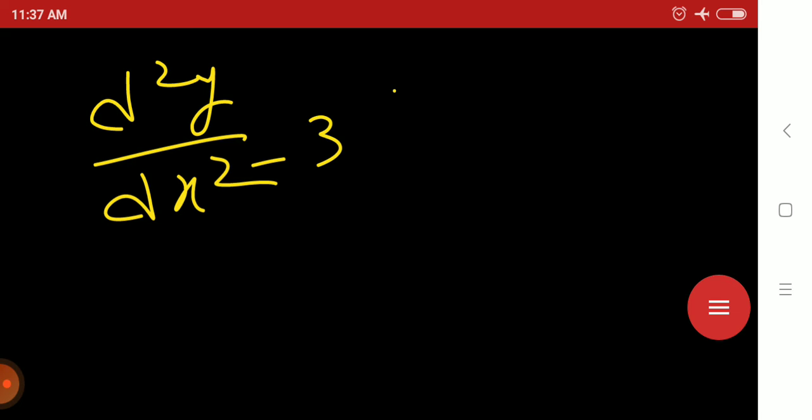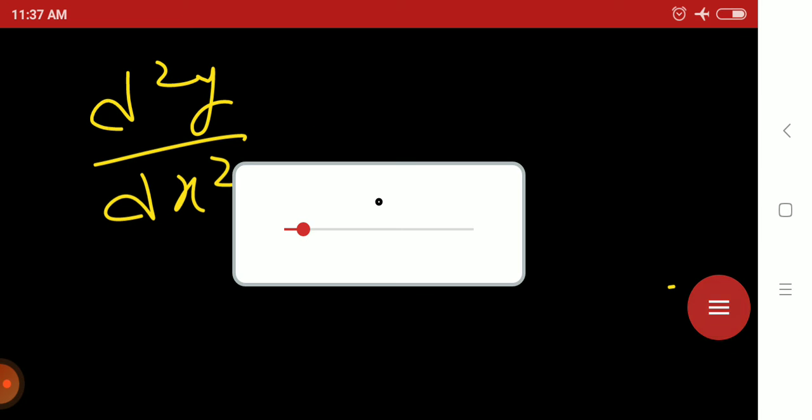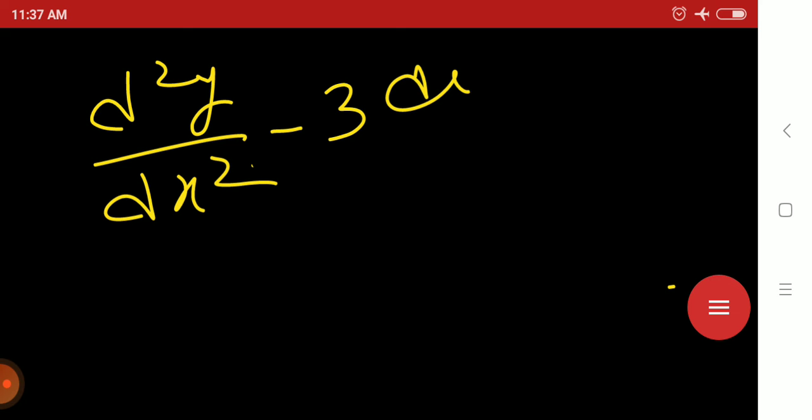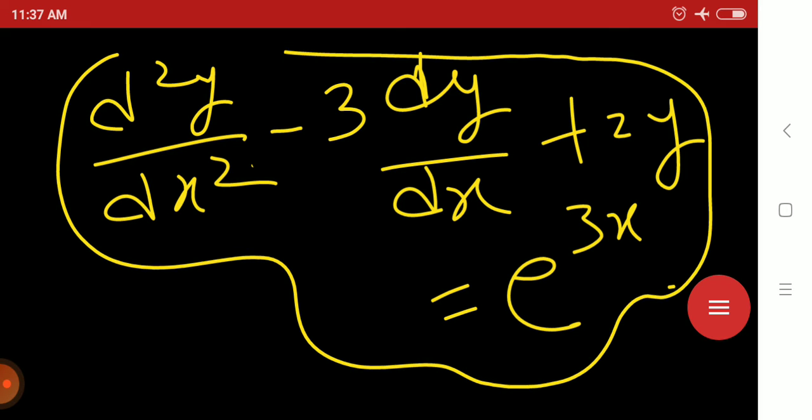So I am taking an example: d2y by dx square minus 3 dy by dx plus 2y equals e to the power 3x. This is the equation you have been given, d2y by dx square plus p dy by dx plus qy.